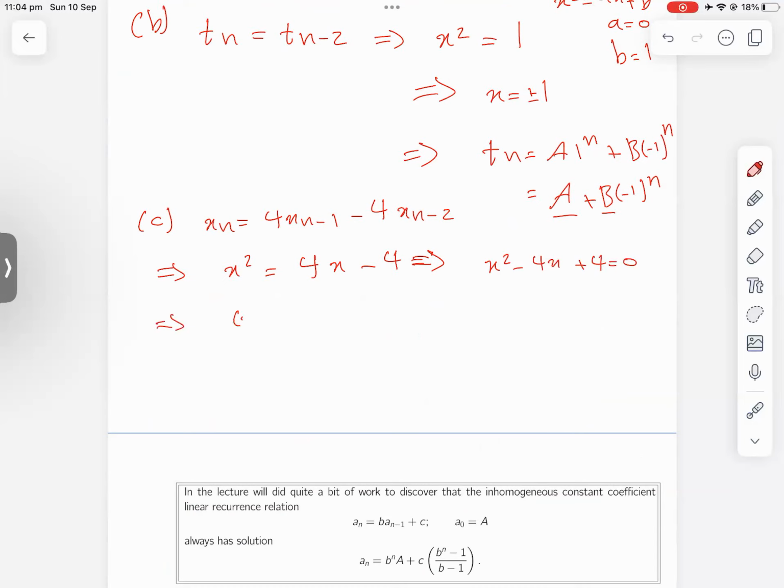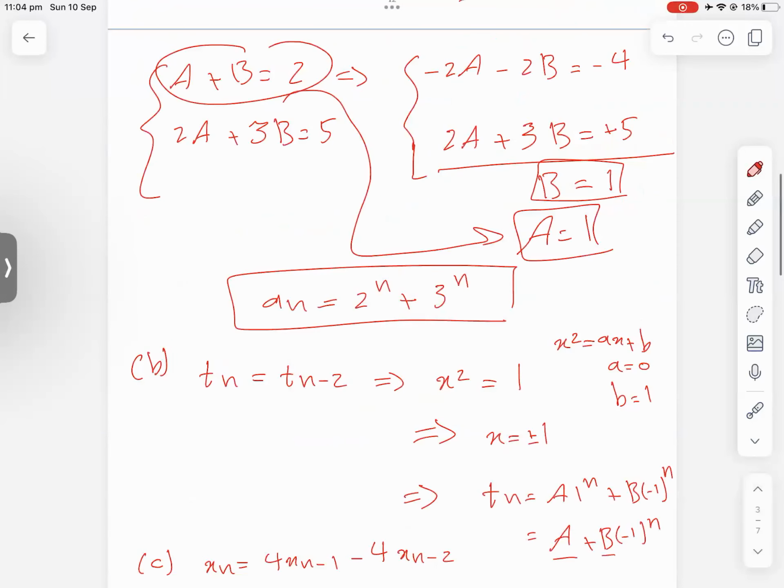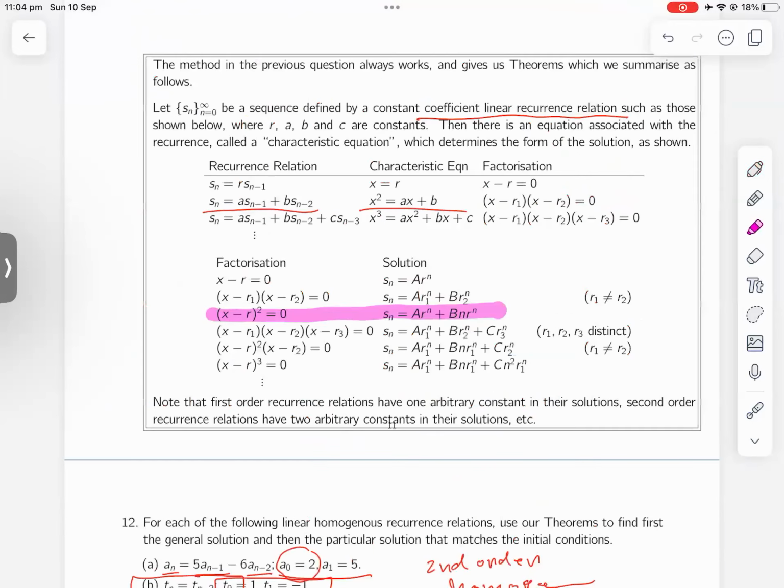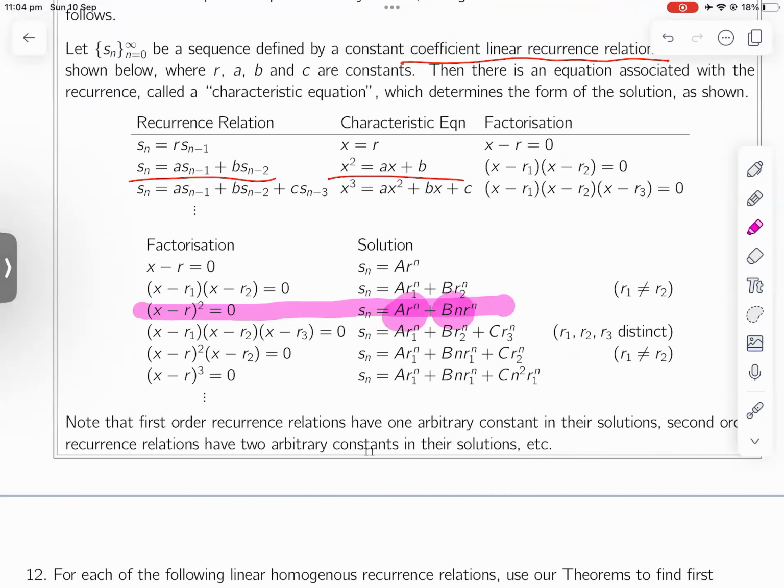Therefore, x minus 2 squared equal to 0, so x equals 2. From here, can I use this table? You see that this case is like this one. So a and b n, it will be just r, which is this one, and I will multiply by n for the second solution.